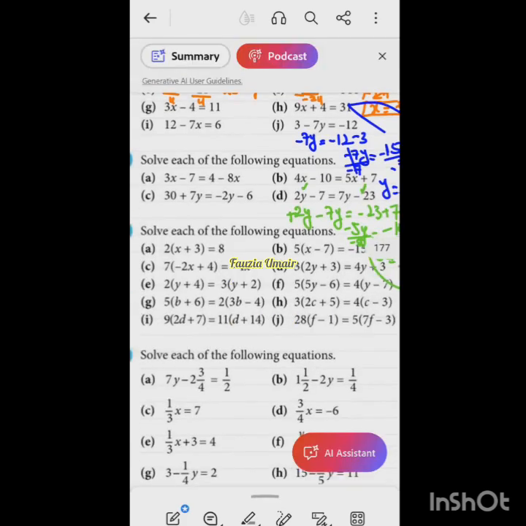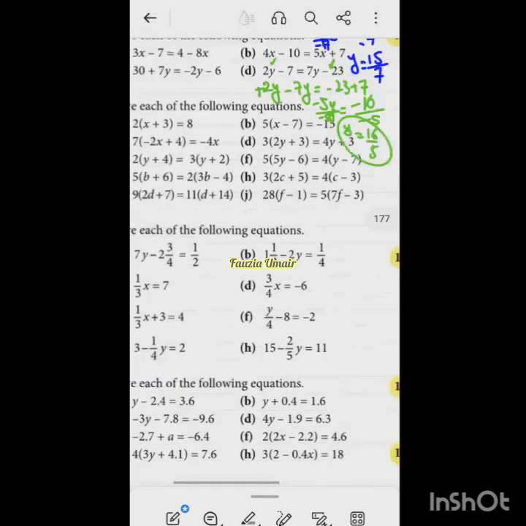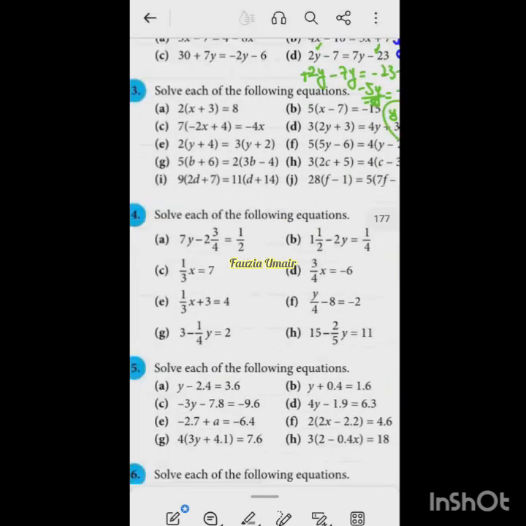All right. So this is the question we are doing, question number 4. So now tell me, beta, Abrish, can you solve more questions or we will solve some of them together? Ma'am, one more, that C part.